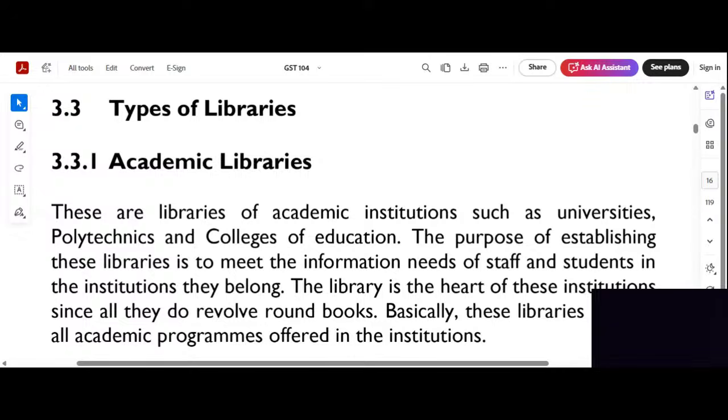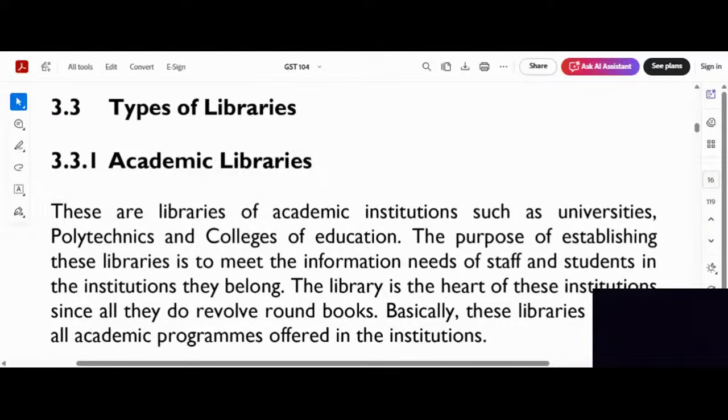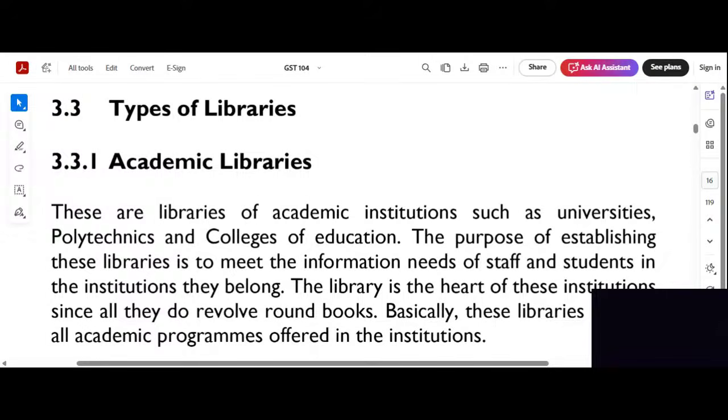So that is the second question, and then we move to what we have today. The second question says, give examples of the things that make up the library collection.